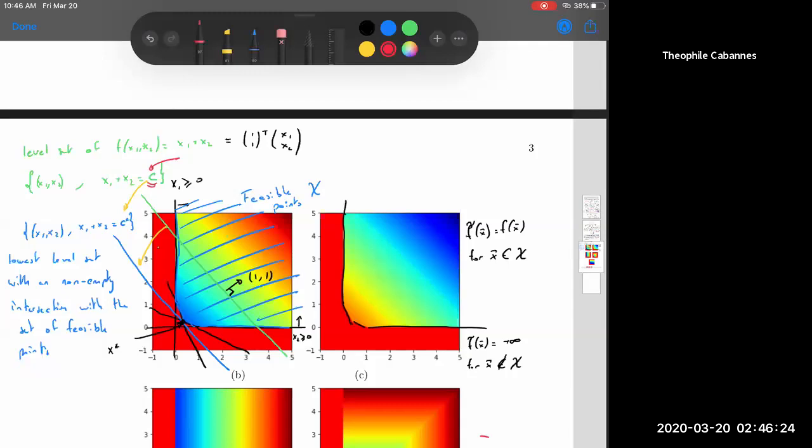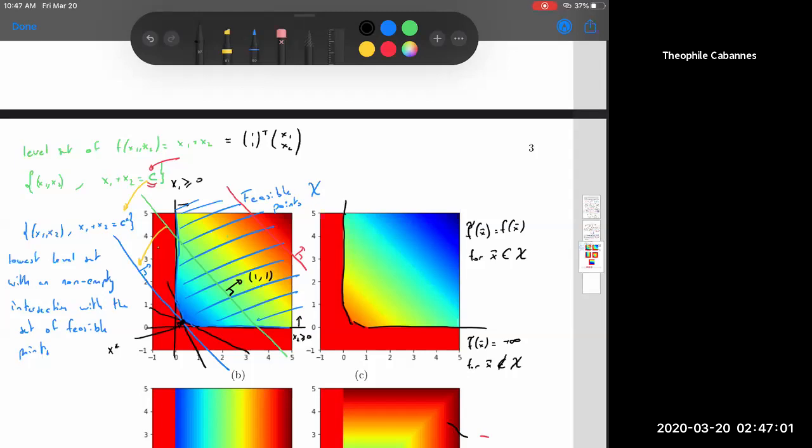So you go over all those different lines orthogonal to the vector 1, 1, or hyperplanes, and then you decrease the value of the level sets until you reach a corner of your feasible set to solve LPs, so linear programs.